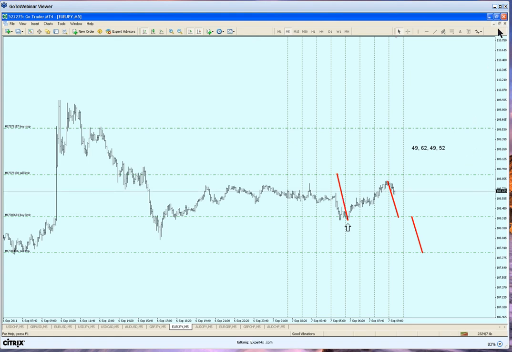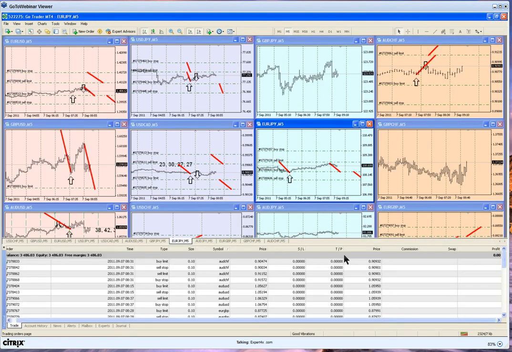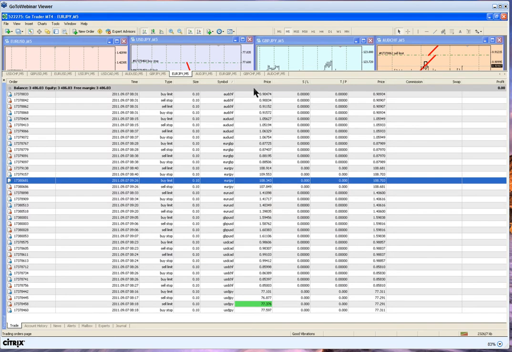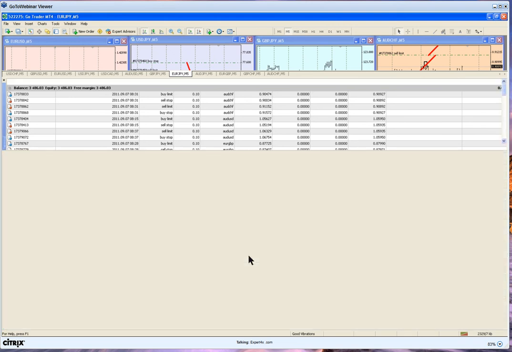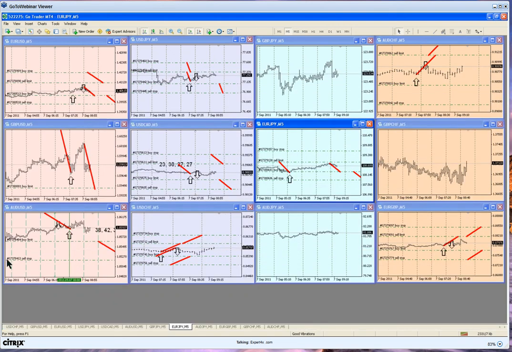Okay, let's have a look. Then there doesn't seem to be anything happening. The yen is still within the potential buy zone. All right, there's nothing much happening today, I'm afraid.